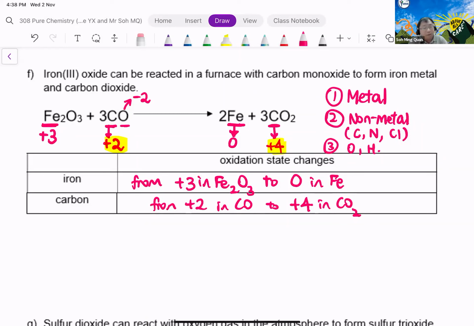Okay, so now writing out the answer, how would you present your answer? Firstly, let's deal with Fe2O3. Would you say that Fe2O3 is oxidized or is it reduced? Let's ask someone.